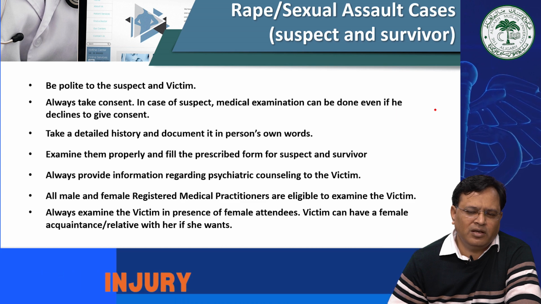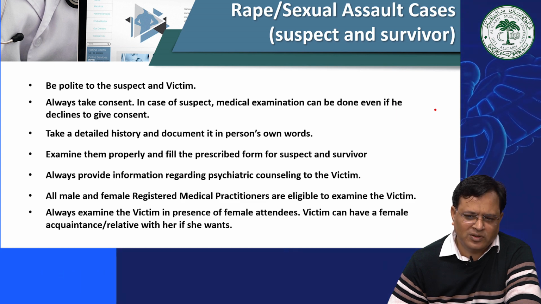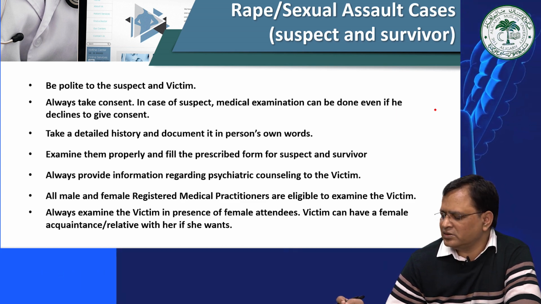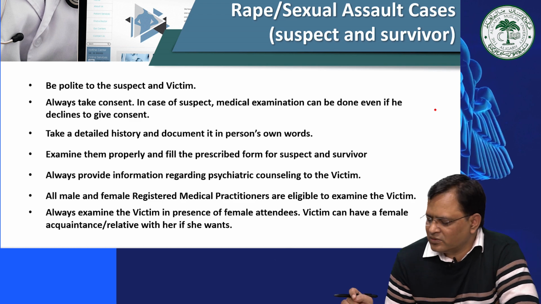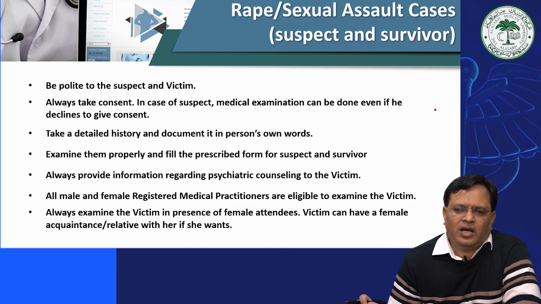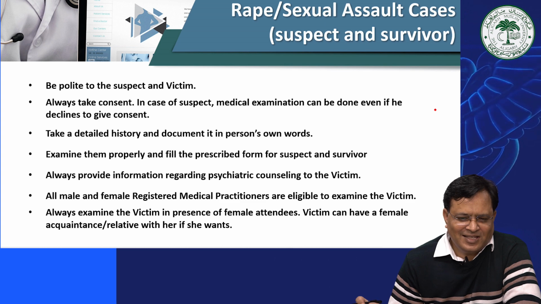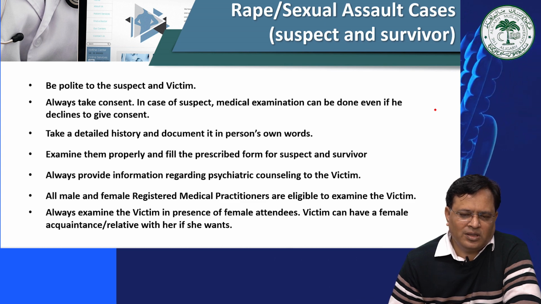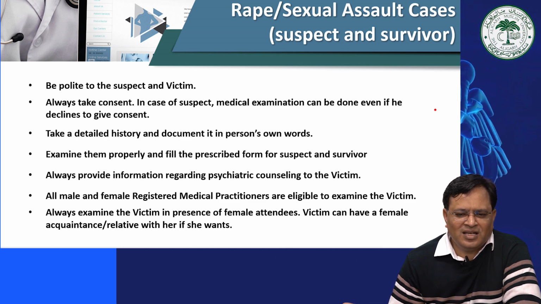Rape and sexual assault victims, it is a whole new, different phenomenon, and we should be very vigilant in the examination of sexual assault survivors. A detailed history is there, a detailed examination from head to toe is there, and a detailed local examination is there.